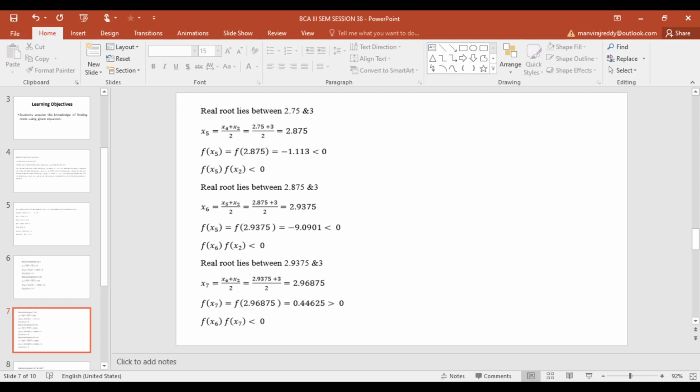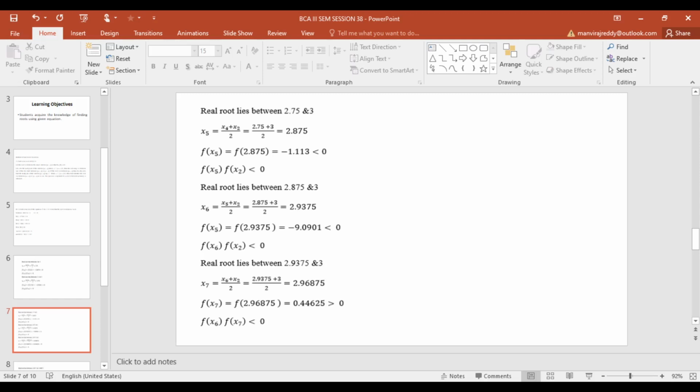Then we go for x7, again another root, 2.9375 plus 3 whole divided by 2, that is 2.96875. f of 2.96875 is nothing but a positive quantity, 2.44, greater than 0. So in the previous calculations we chose the negative quantity, that is f of 2.9375.